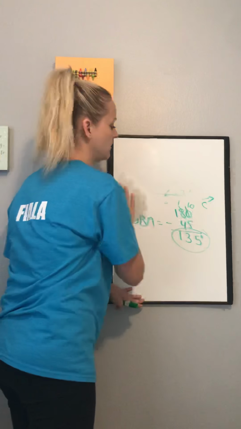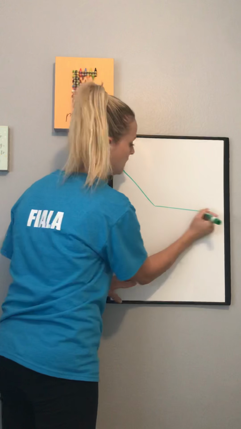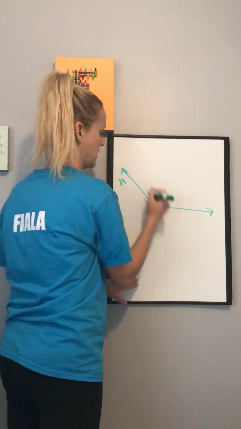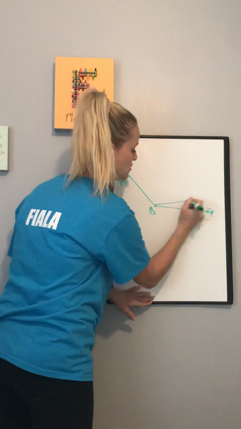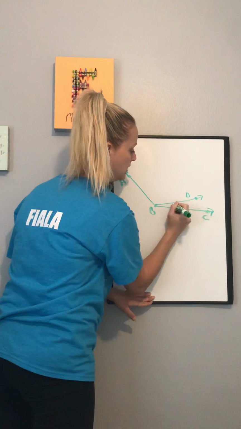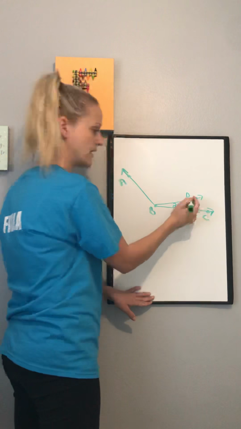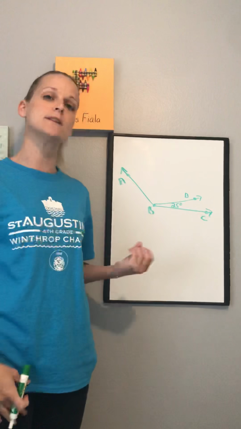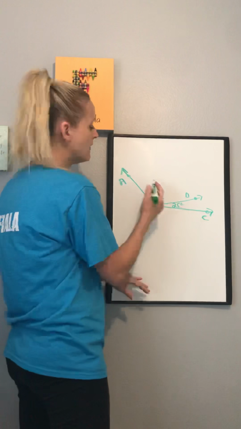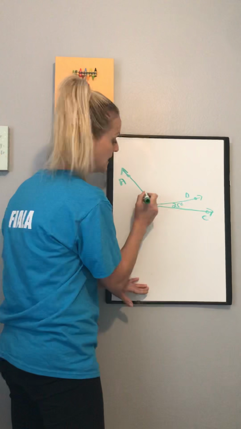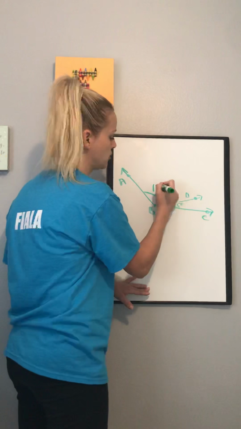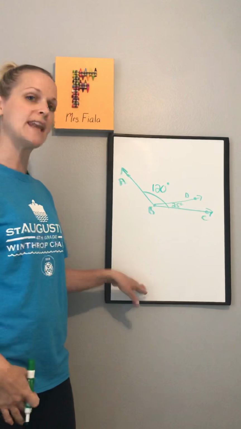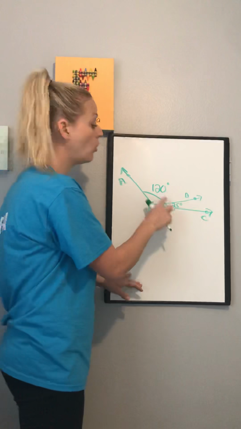Same thing if you were given something that doesn't have a straight angle. Say you were given something like this, angle ABC, and I told you this small angle here is 25 degrees. Angle DBC is 25 degrees. But then I told you that angle ABC, this whole big angle, is 120 degrees. Now for this one, I told you the total.